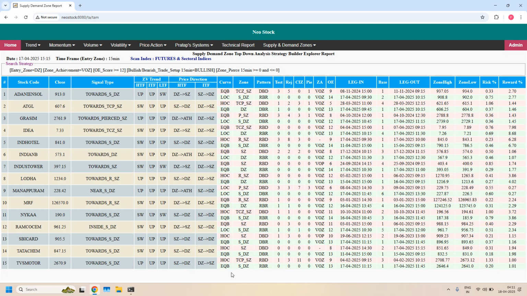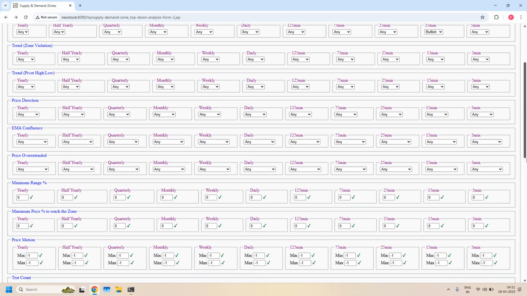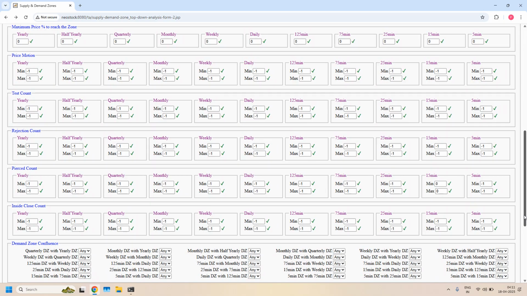Out of these 15 minutes demand zones, how many are having even more high probability to get success? That we will filter based on the zone confluence, demand zone confluence. First filter is LTF and ITF demand zone confluence. That is nothing but 15 minutes and 75 minutes demand zone confluence.